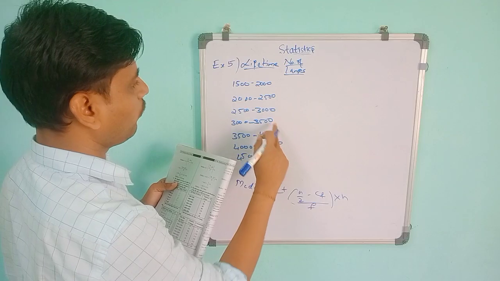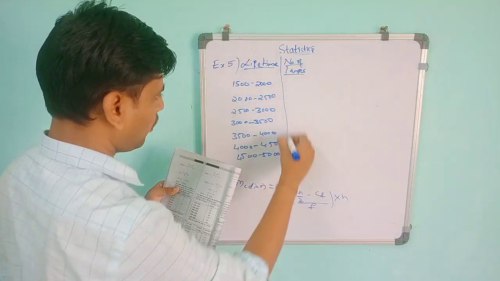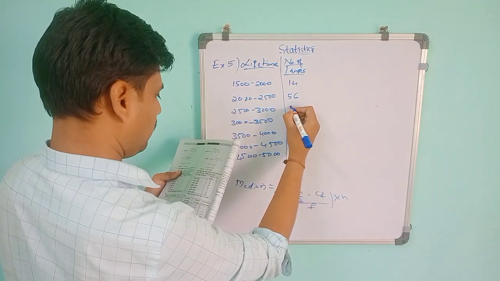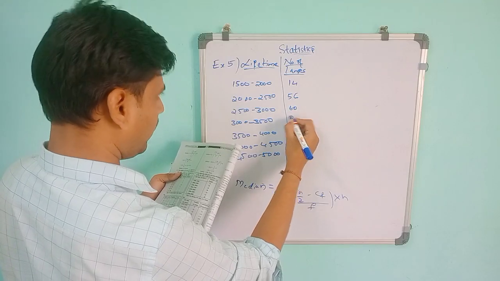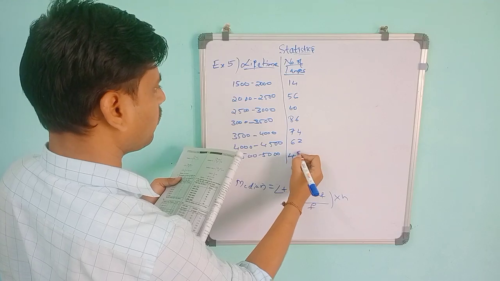So 1 2 3 4 5 6 7. Then the number of lamps is 14, 56, then 60, then 86, 74, 62 and 48.